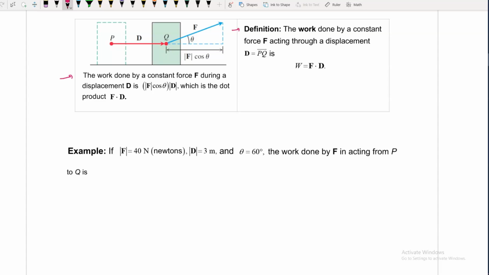Example: the length of F is equal to 4 newtons and the length of D is equal to 3 meters, and our angle is equal to 60 degrees.